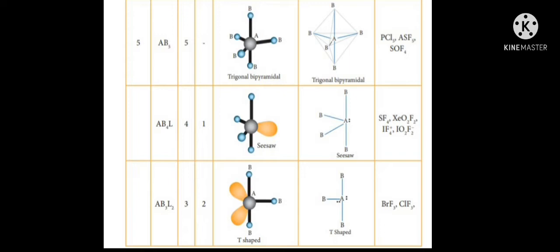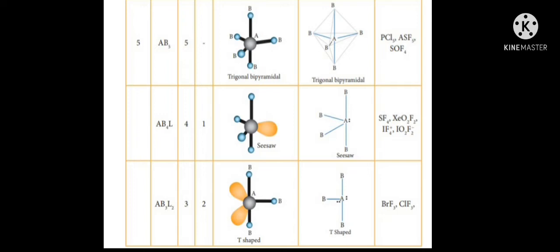Again, let me discuss number of electron pairs equal to 5. Here, the molecule with the formula AB3L2. It contains 3 bond pair electrons and 2 lone pair electrons.